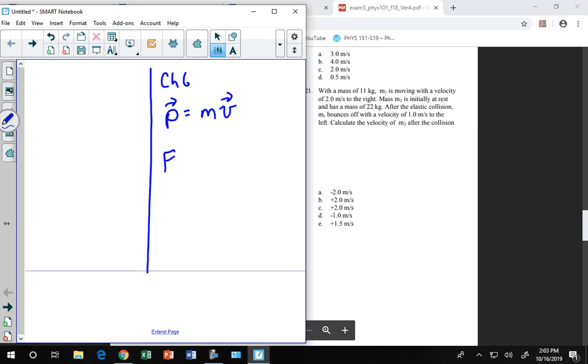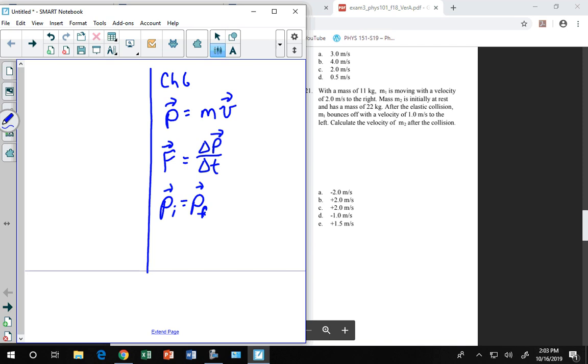Doing the force, which is delta p over delta t, like the collision, the car running into the wall, what was the force that acted on the car in order to cause that change in momentum? And then also doing conservation of momentum, p initial equals p final.